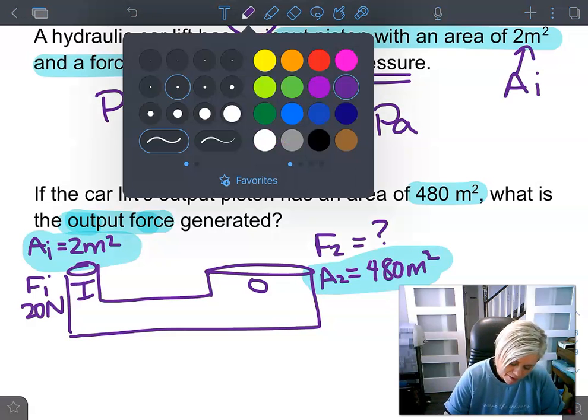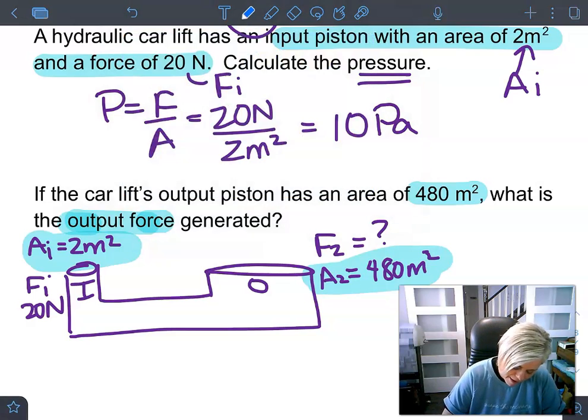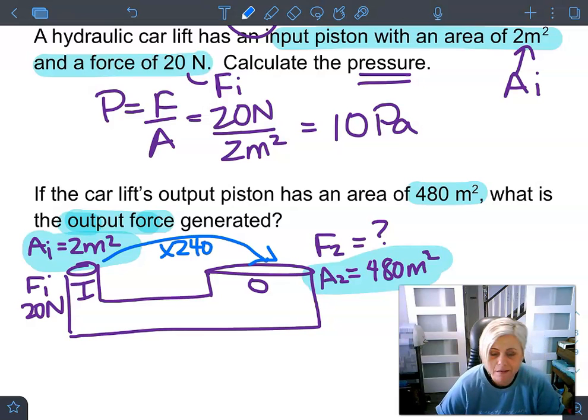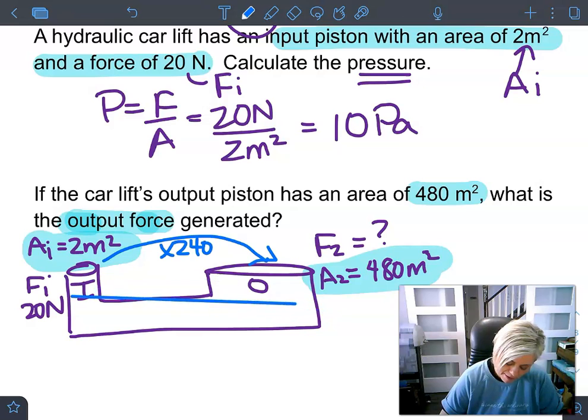It actually got bigger by a factor of 240 times. I just took 480 and divided by 2. So here's the thing: the number of times greater that the area increases by needs to be the same number of times bigger that the force will increase by.